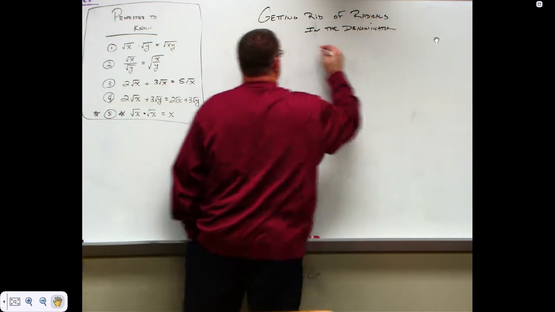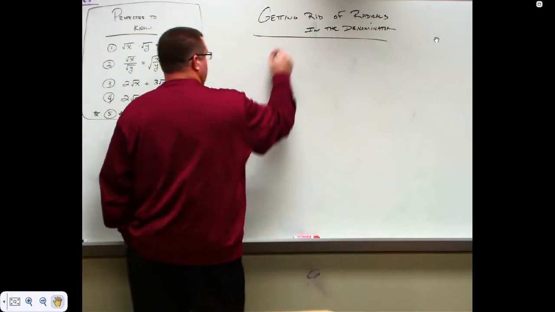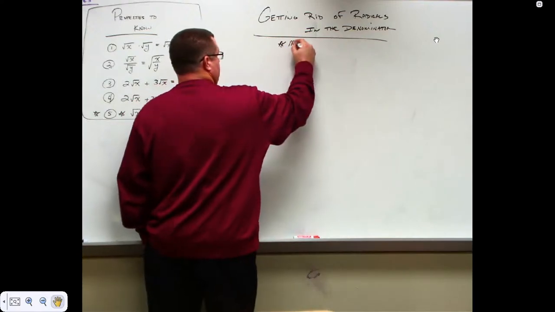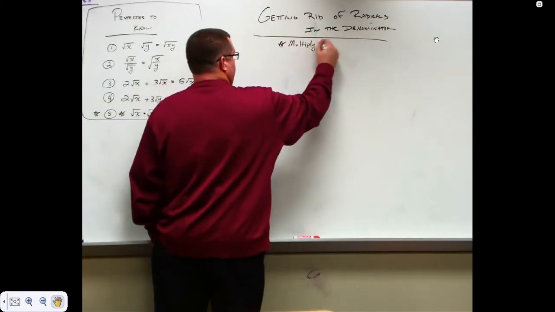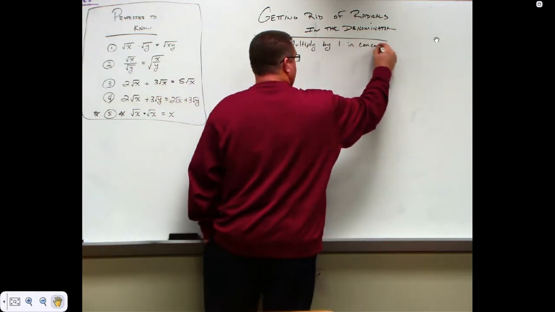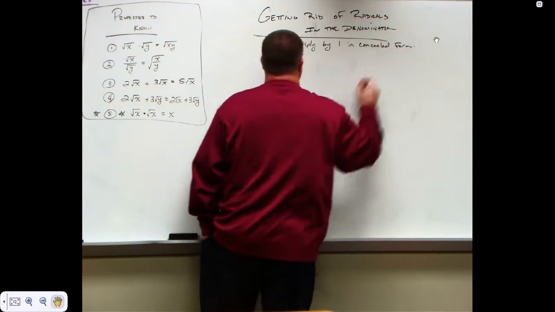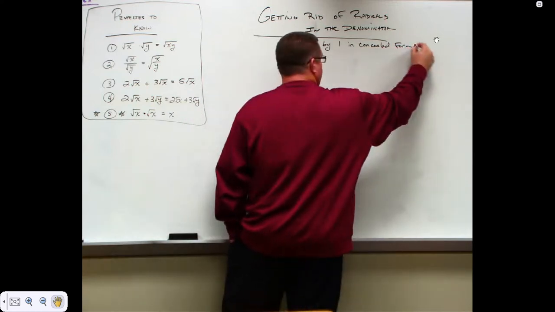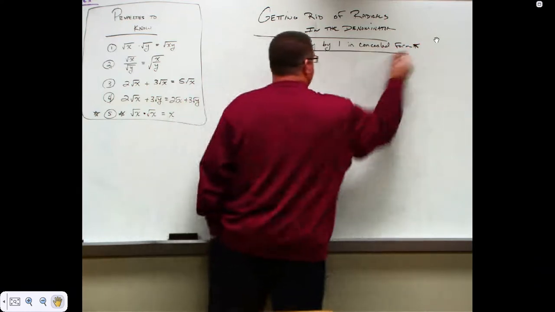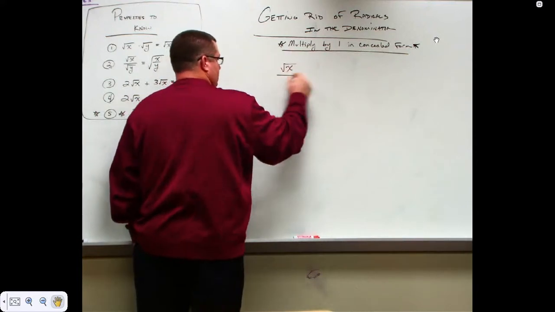I probably didn't spell that right, but all you do is multiply by 1 in concealed form. Probably tells you nothing. I'll show you what it means here in just a second.